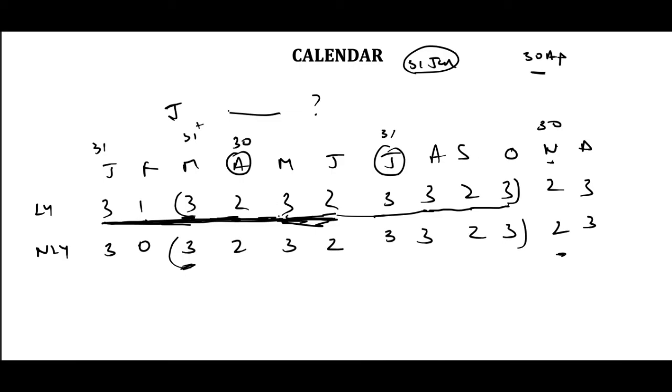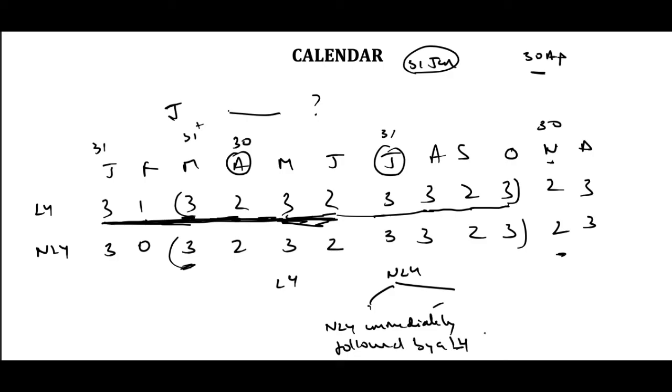Coming to years, we have 3 categories. The first is leap year, the second is non-leap year. But non-leap year is again divided into 2 categories: a non-leap year immediately followed by a leap year, and a non-leap year not followed by a leap year.